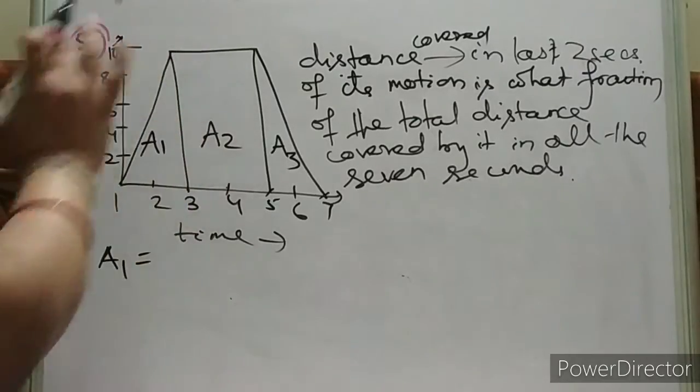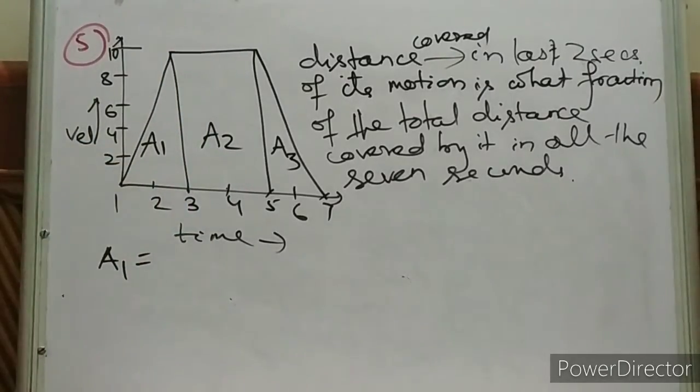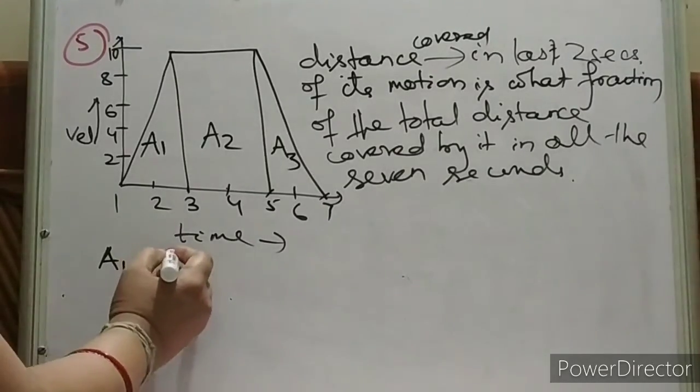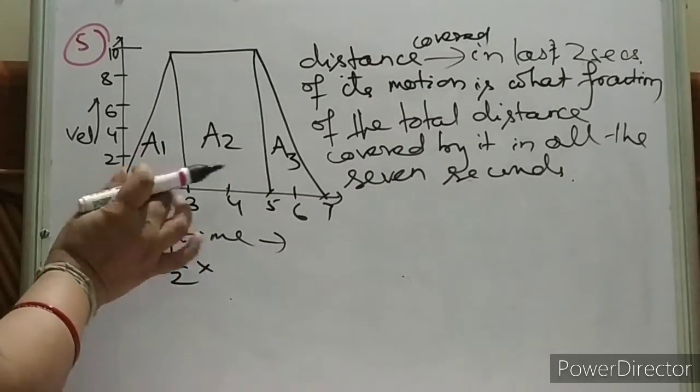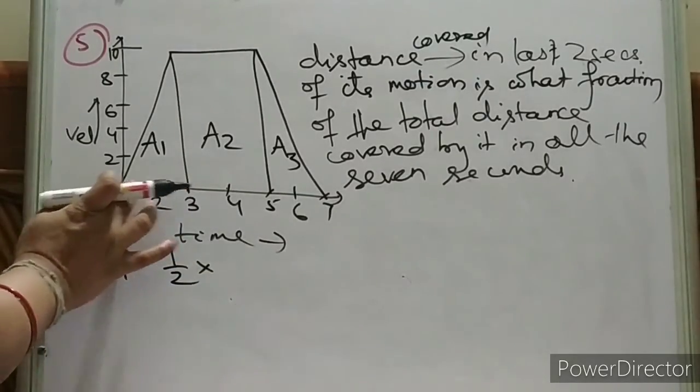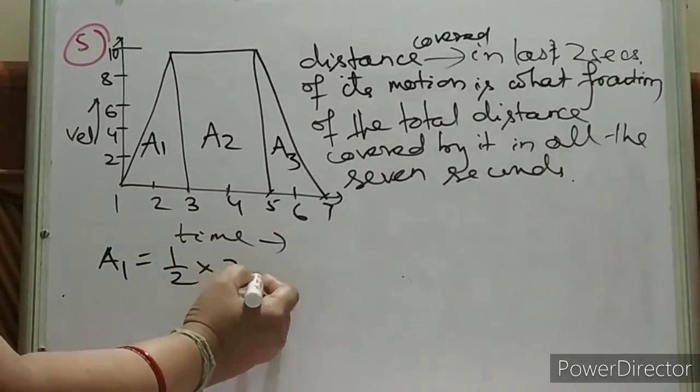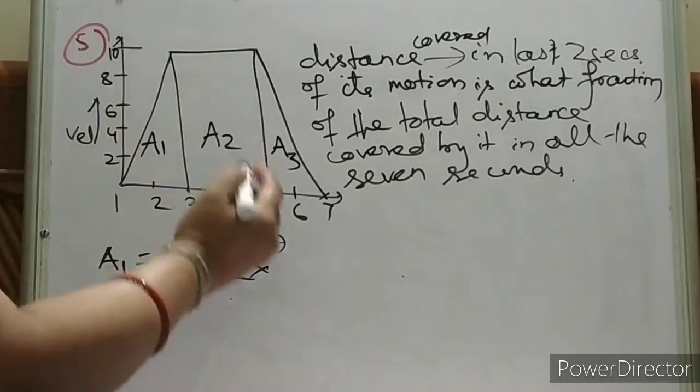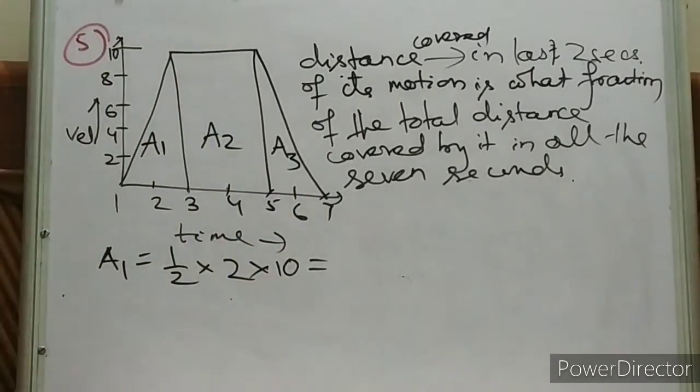Now tell me the area under this curve. First part, what is A1? This is a triangle. So what is the area of the triangle? We will use half base into height. So half base. What is base? 3 minus 1 is 2. What is height? 10. So it is now 10 meter.